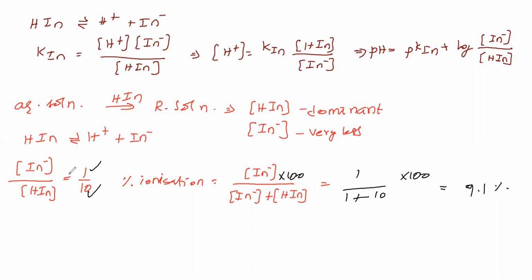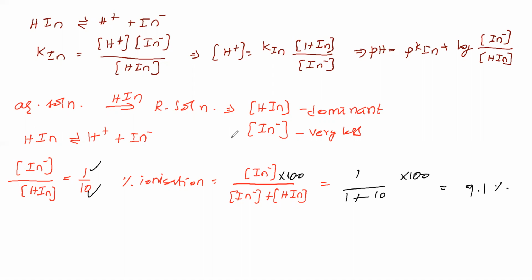Under that condition, the equilibrium has this ratio. If the ratio is this much, then In⁻ is present almost 9% at equilibrium, whereas HIn is present almost 91%. Therefore the HIn concentration is dominant.